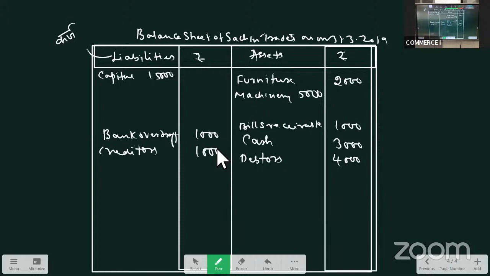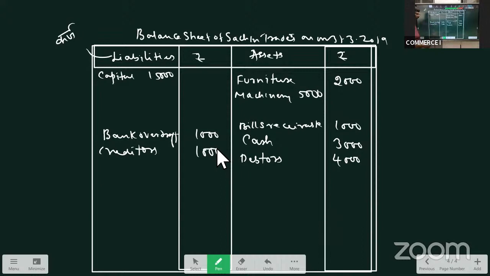Now we have to take items which would appear in the balance sheet from the adjustments. Almost all the items will appear, no? Outstanding salary. Tell me, is it not an obligation? The date has passed, but still the firm has not paid salary. Yes, of course, it's an obligation. So all obligations are our liabilities.